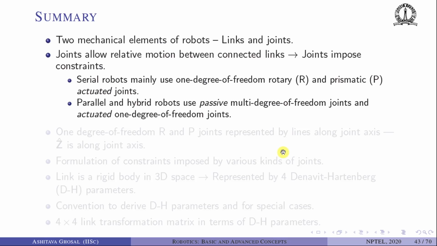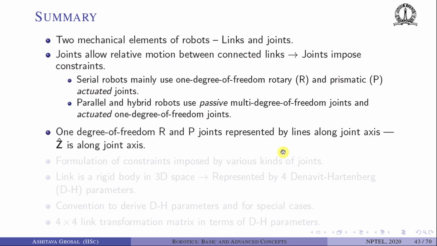However, in parallel and hybrid robots, we can use passive multi-degree of freedom joints and actuated 1 degree of freedom joints. We cannot use multi-degree of freedom joints in a serial robot because it is difficult to put 3 actuators. Let's say we want a 3 degree of freedom joint somewhere.